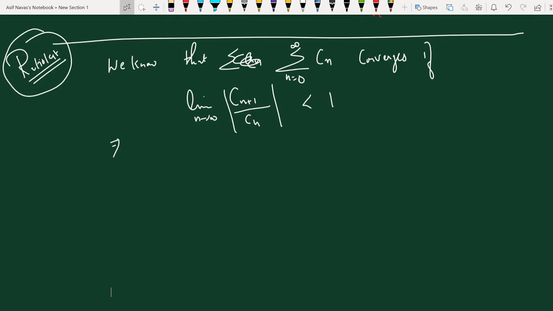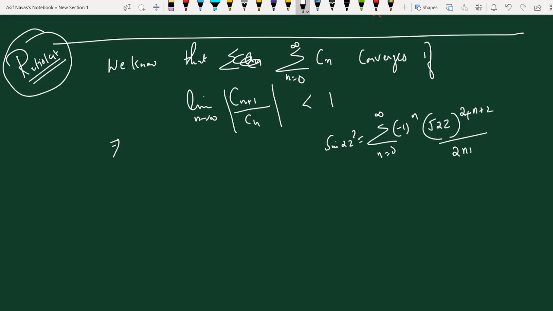Our series is sigma, sin 2z squared, is sigma n equal to 0 to infinity minus 1 power n, root 2z all raised to 4n plus 2 divided by 2n plus 1 factorial. So here cn is minus 1 power n, root 2z all raised to 4n plus 2 divided by 2n plus 1 factorial.